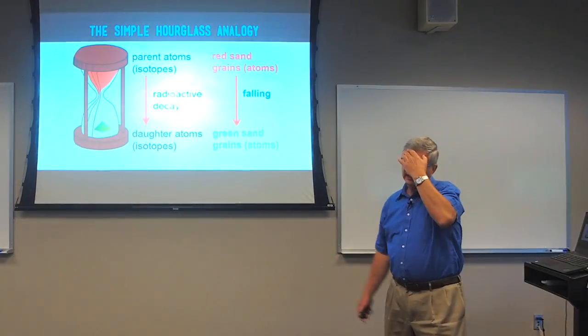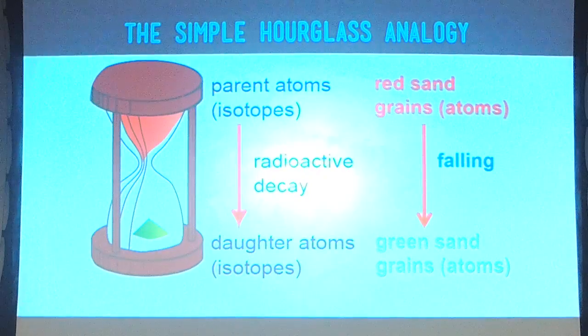And let's step through this again a little bit more slowly, but it's really that simple. It's a very good analogy. The red atoms or red sand grains in the top bowl of the hourglass are analogous to the parent atoms. The radioactive decay, the falling, is analogous to it.